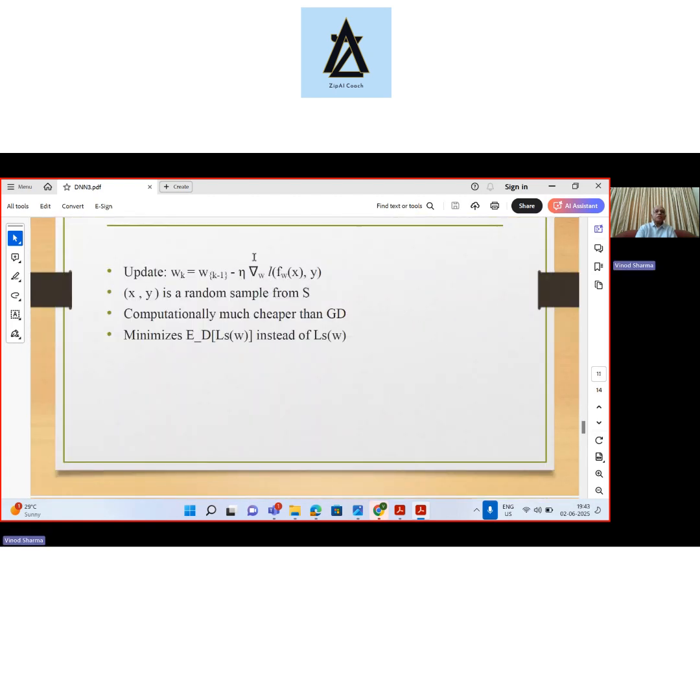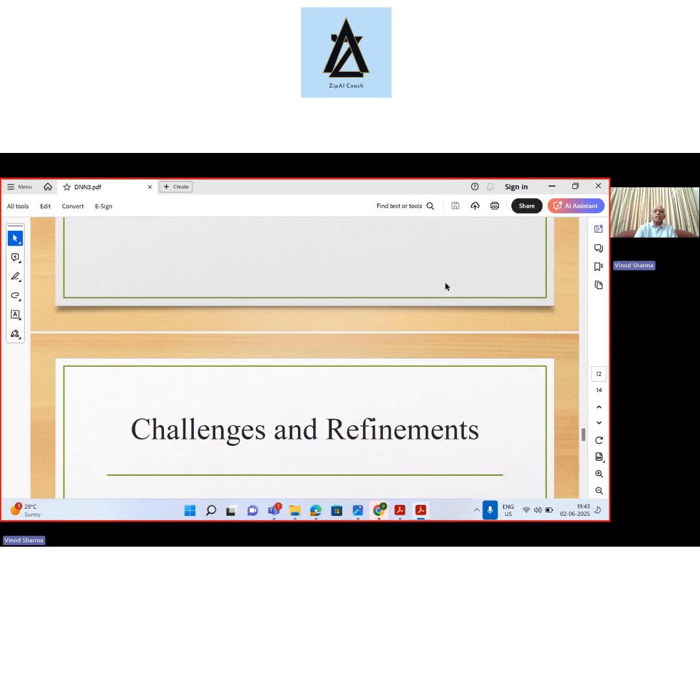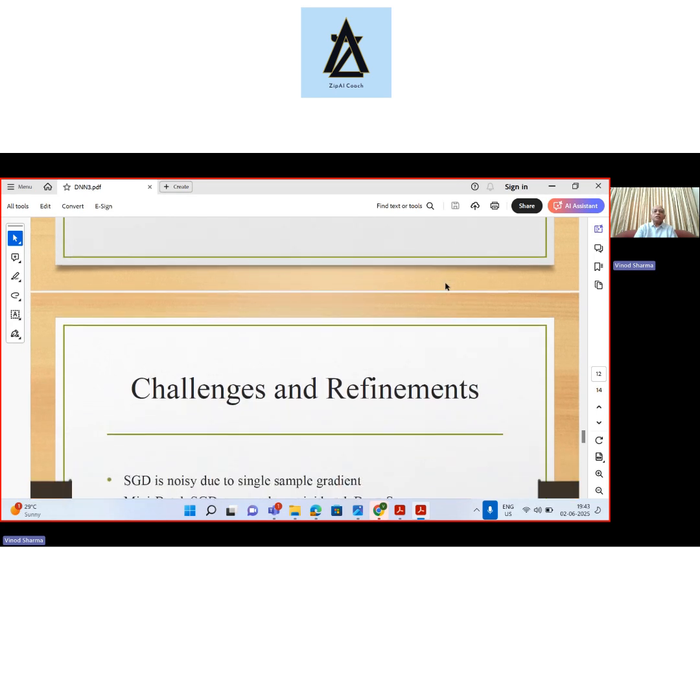We are taking the gradient only at one point x, y out of the n samples here. This term is very noisy. And if you see in practice, if you do the simulations or any other way, the stochastic gradient descent does not really converge well.